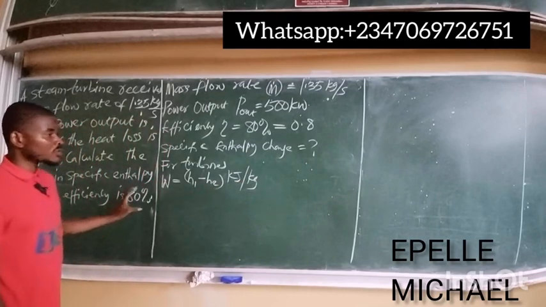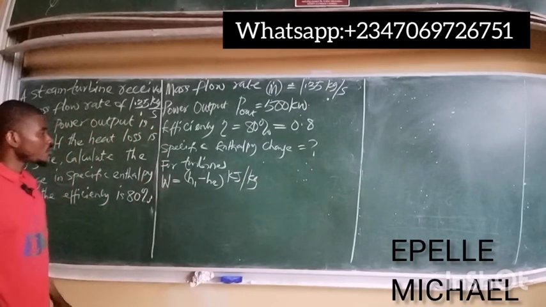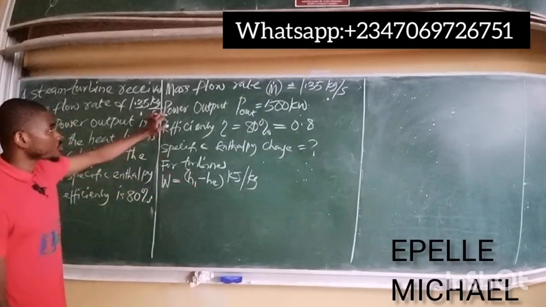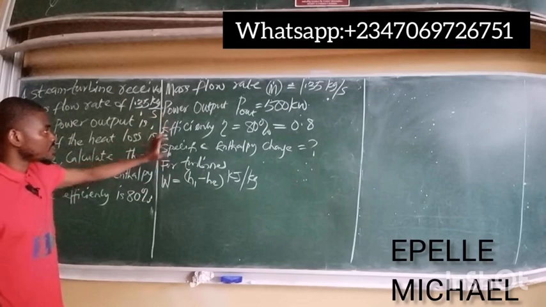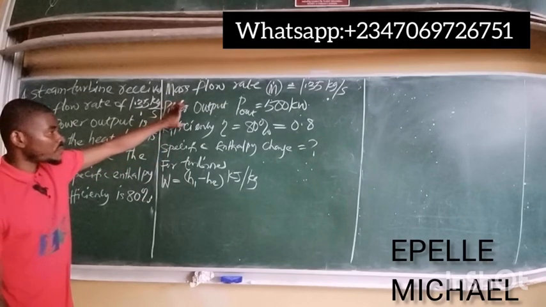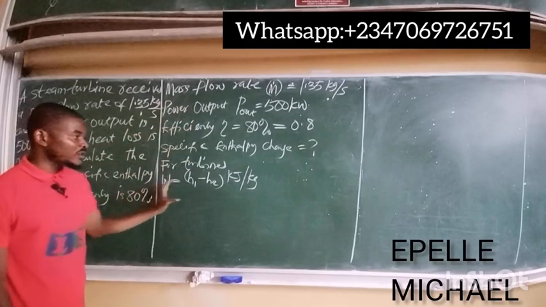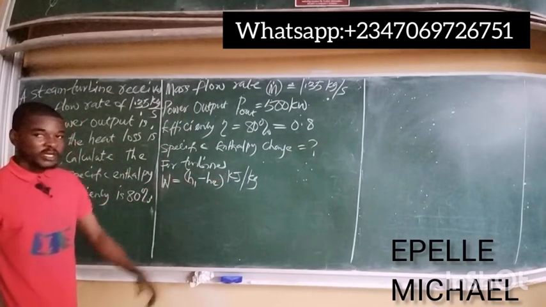So this is what the work done in a turbine is. We need to convert this to power because the power output was given to us, and the efficiency is related to power. So we need to convert this turbine work into power.